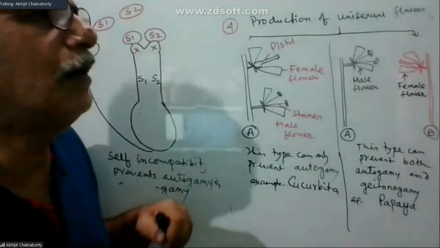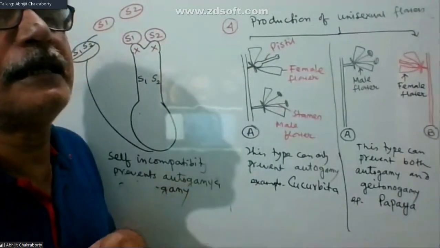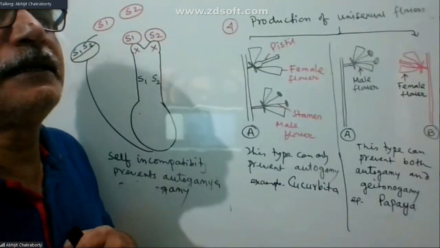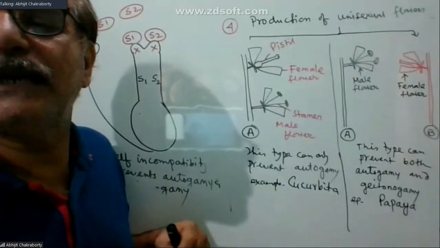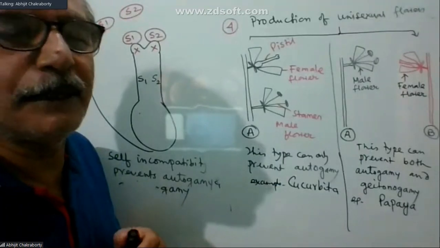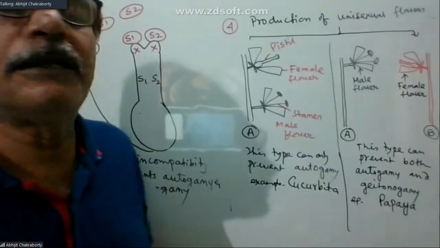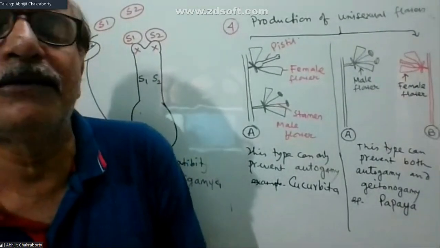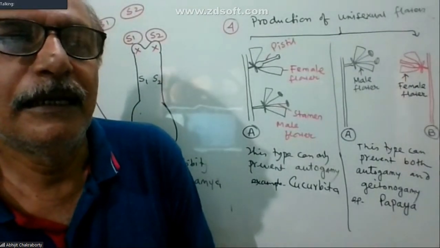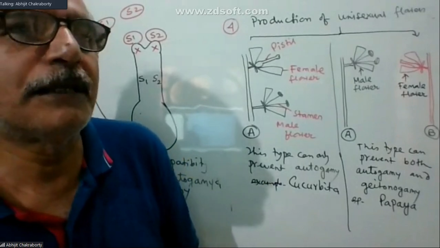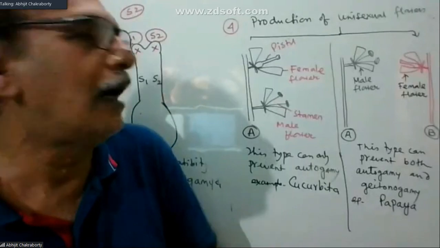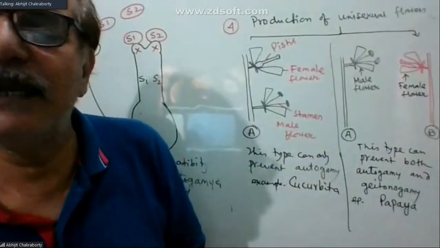So we can say one thing, dioecious condition helps in preventing both autogamy and geitonogamy. Can you explain this? Dioecious condition can help in preventing both autogamy and geitonogamy. I think you know dioecious means when male flowers are produced in one plant and female flowers are produced in the other plant. Are you getting me?